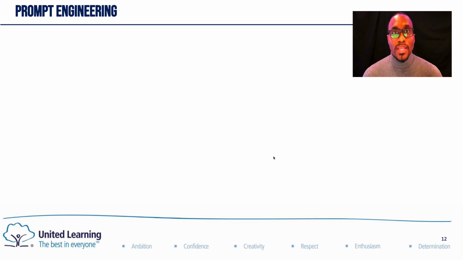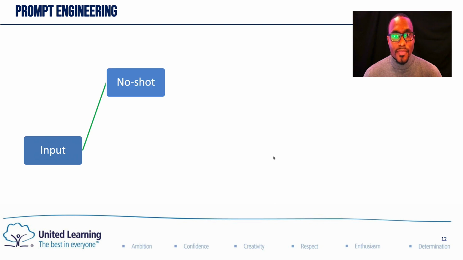Let's have a look at some basics of prompt engineering. First of all, we as the user will start with our input. Things to consider when we're giving our input. There is something referred to as no-shot input. And when we talk about no-shot, one-shot, or few-shot, this refers to data that the large language model is being fed in order for it to learn from.